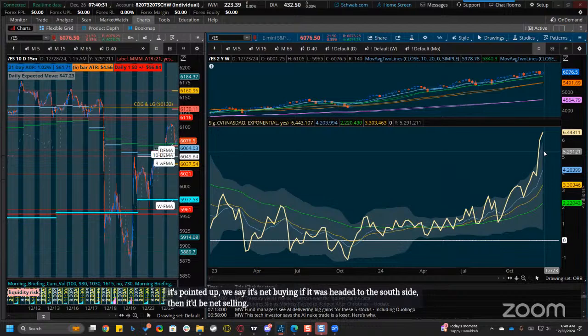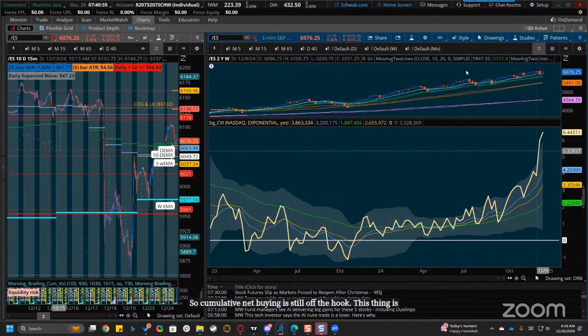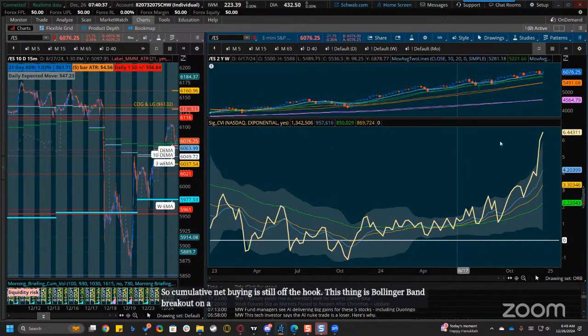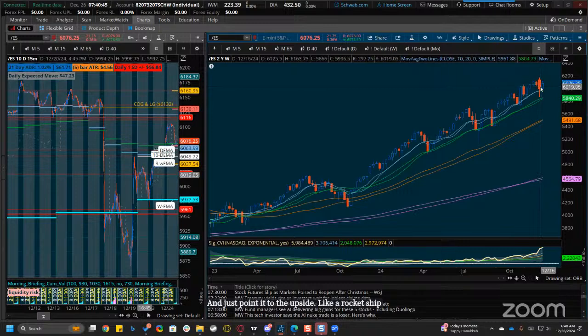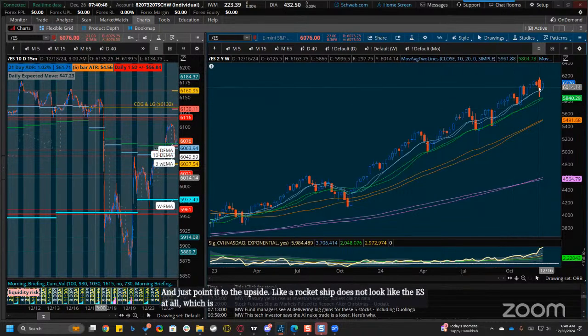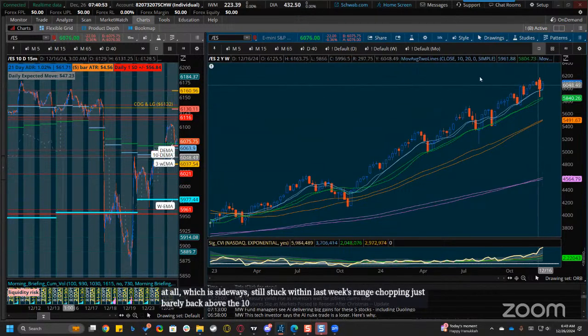So cumulative net buying is still off the hook. I mean, this thing is a Bollinger Band breakout on a weekly, no less, and just pointed to the upside like a rocket ship. Does not look like the ES at all, which is sideways, still stuck within last week's range, chopping just barely back above the 10 and struggling for new highs.